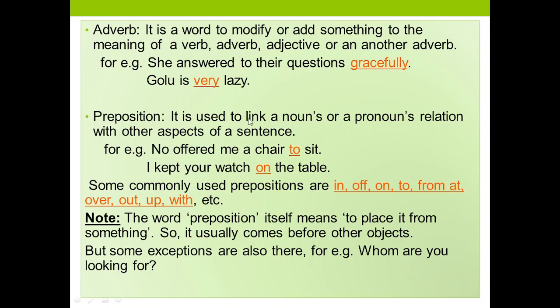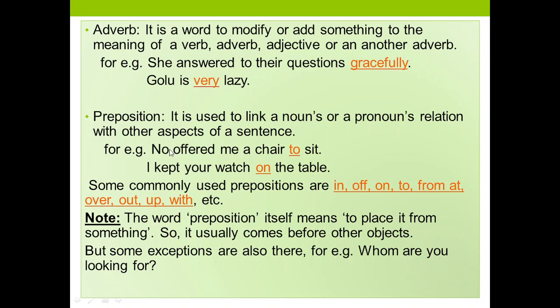It is used to link a noun's or a pronoun's relation with other aspects of a sentence. So it is used to show relation between words in a sentence. For example, here it should be written no one.